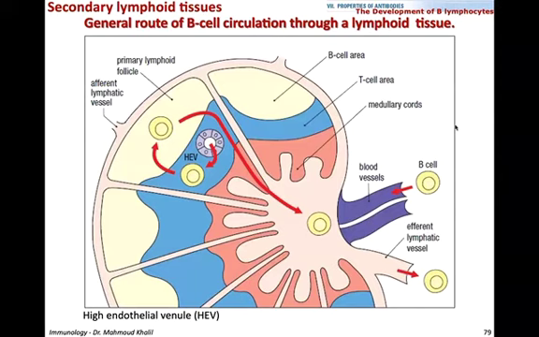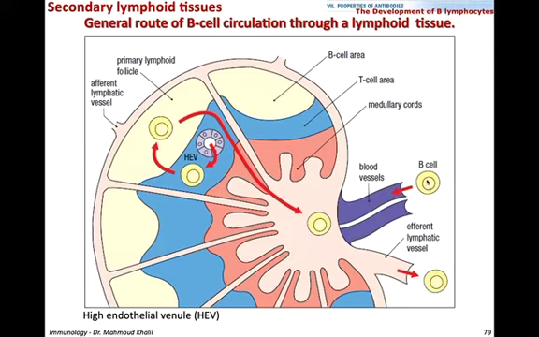So let's see here the routing of these immature B cells once they are released from the bone marrow. They are still immature, and for sure they can differentiate between self and non-self. Here is an example of a lymph node.